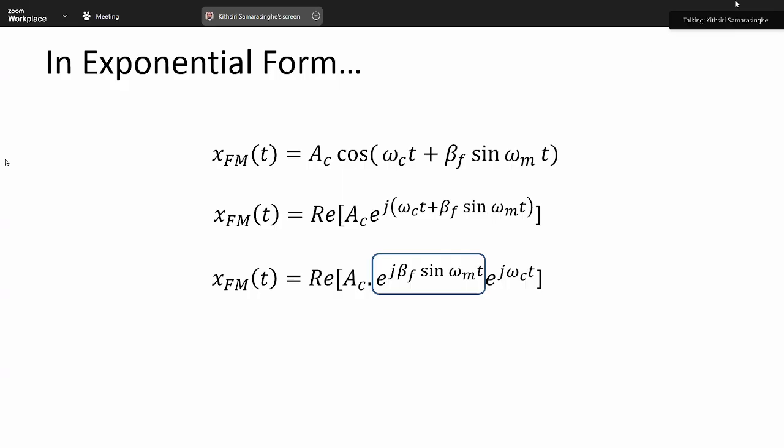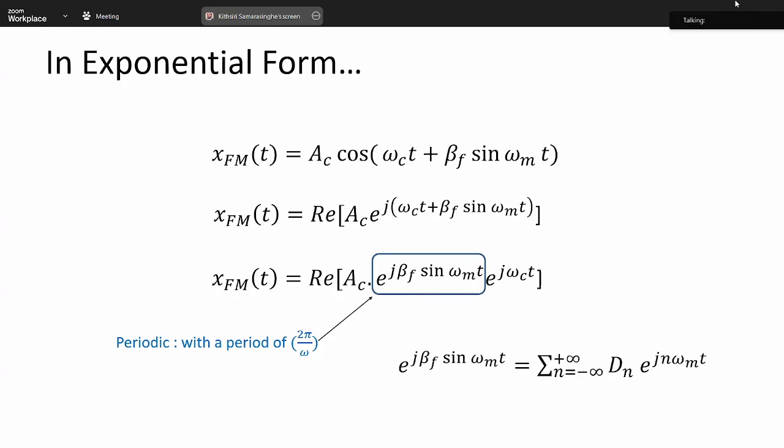Sorry for the disturbance. Okay, now we have an e to the power x term, which we can identify as periodic with a period of 2 pi upon omega. Therefore, we may be able to write this as an exponential Fourier series. Assume that we are going to write this term as a Fourier series with coefficients.